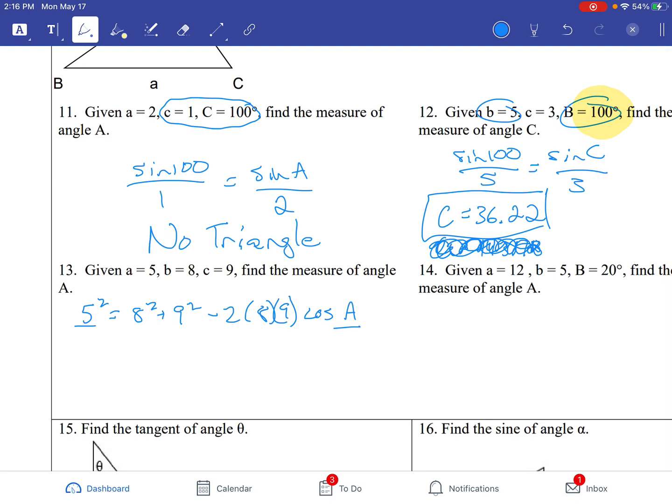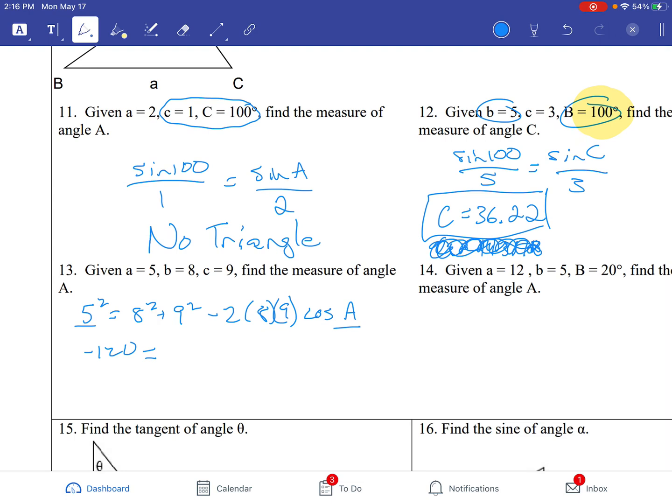Now the tricky part of this is you have to do it correctly. You can't combine the 8 squared and 9 squared with the negative 2 times 8 times 9, because the negative 2 times 8 times 9 is also being multiplied by the cosine of A. So we're going to do 5 squared minus 8 squared minus 9 squared. Get an answer. It's going to be negative 120. I'm going to actually write this one down to help you guys out.